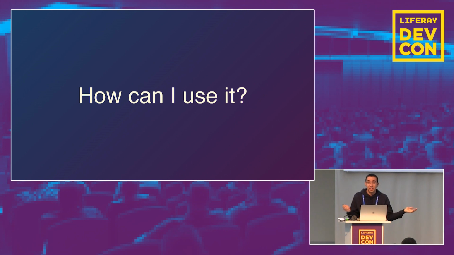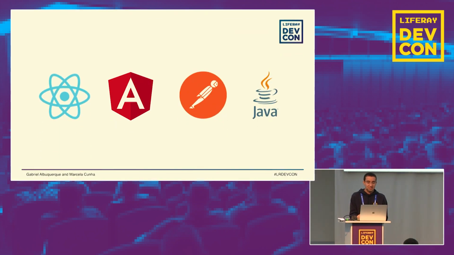Okay, but how can I use it? How can I call these endpoints? How can I deal with it? You can use it from wherever, whenever you want. You can use it in a front-end framework, like React, Angular, or Vue, something like that. You can call it on Postman or with cURL calls, or you can even use it inside Java or another backend language.